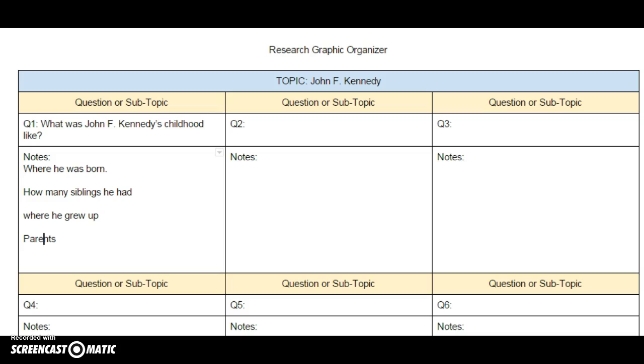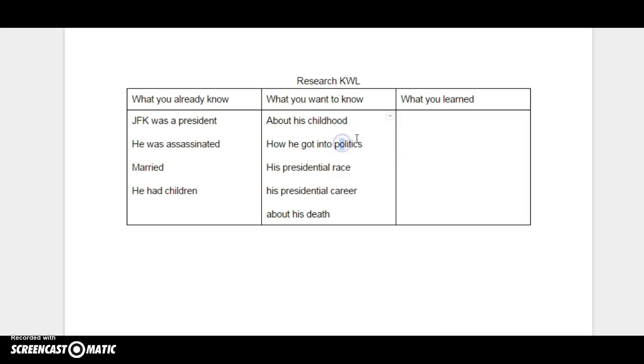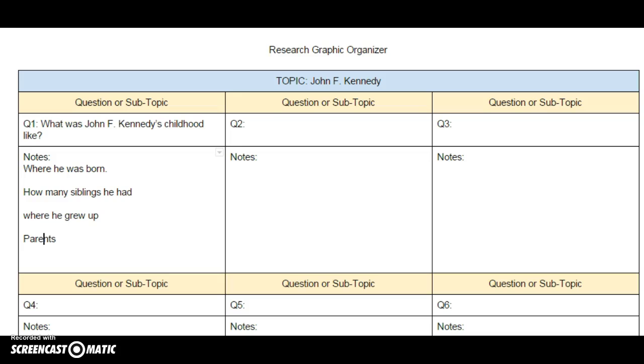Okay? Then I can go back to my KWL chart, and I can say, okay, well, how did he get into politics? All right? So I could type in, what was JFK's political life like?